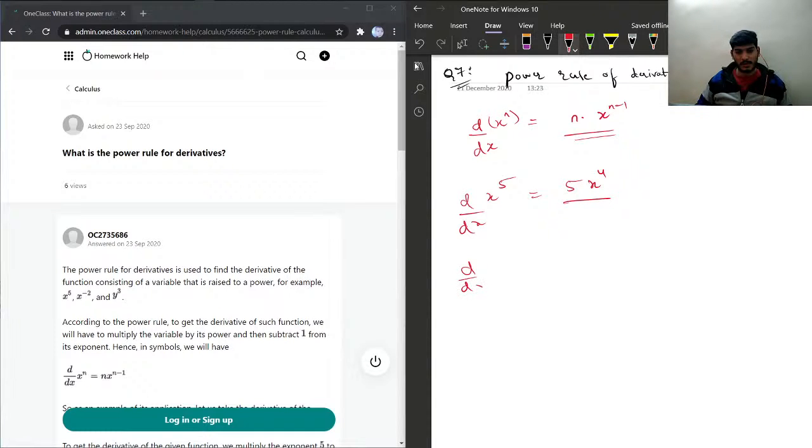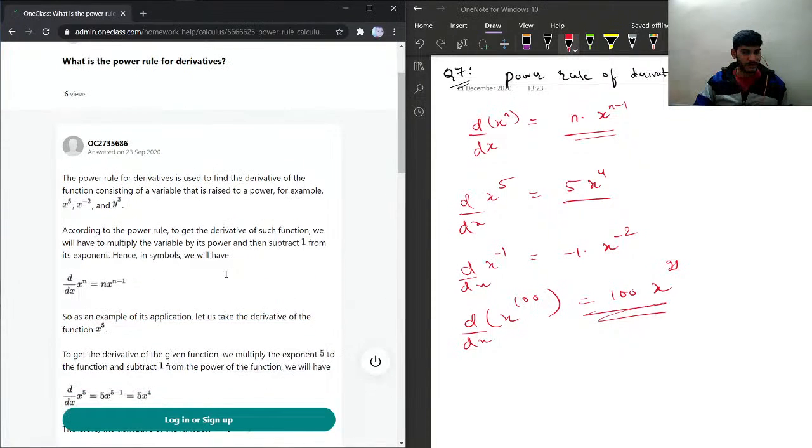If I'm taking derivative of, let's say, x power minus 1, so this will become minus 1 times x power minus 2, because minus 1 will become minus 2. Again, we have derivative of x power, say, 100. This will be 100 times x power 99.